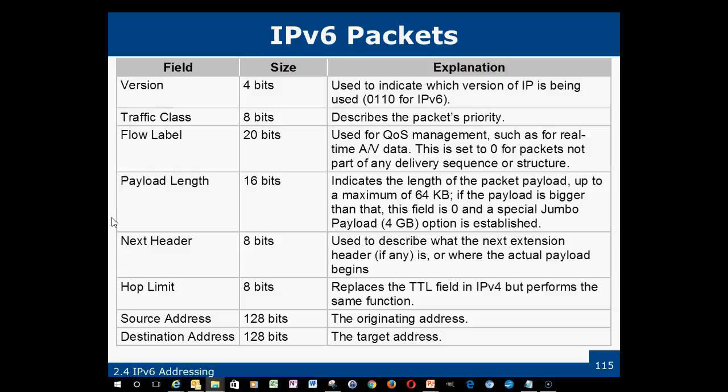We have the version, which indicates the version of the packet, and it'll either be 4 or 6, and in the IPv6 packet, obviously it's going to be IPv6. The traffic class describes the packet's priority. And then we have the flow label, quality of service.